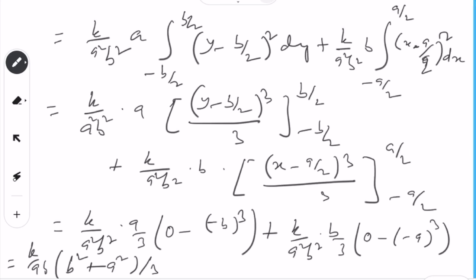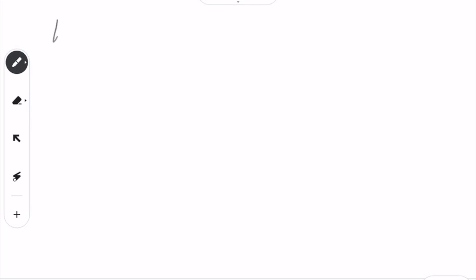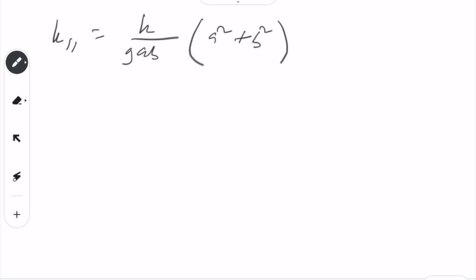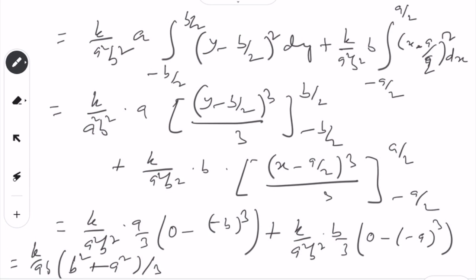So what do we get? We can write it here. So we get k11 equal to k over ab multiplied by a square plus b square, and 3 times 3 is 9. So k over 9ab times a square plus b square. So that's what we get here.